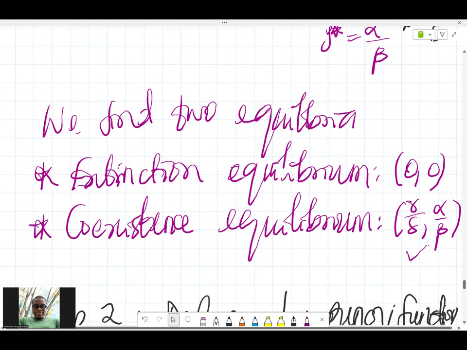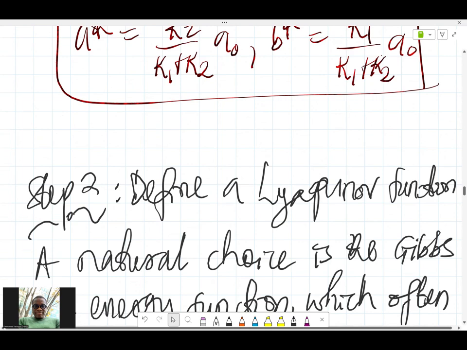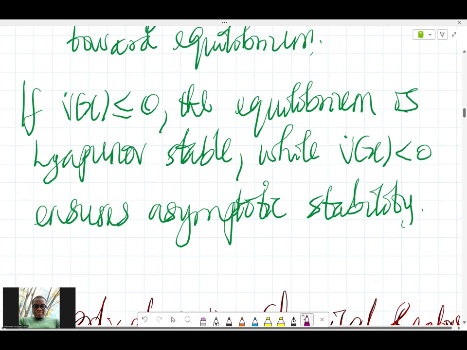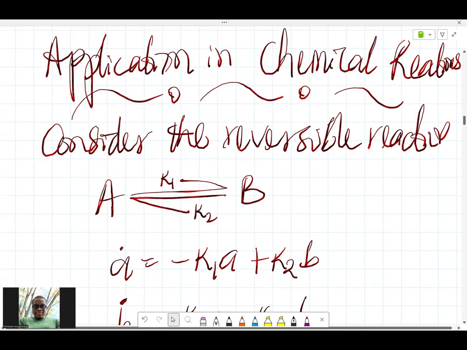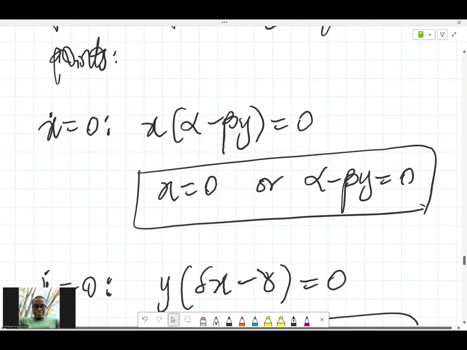And that, of course, you remember we derived from when we were talking about the Lyapunov function initially. The last line, if it is less than or equal to 0, the equilibrium is Lyapunov stable, while the strict inequality ensures asymptotic stability, which is stronger than Lyapunov stability. So this is just halfway stable, so to speak.